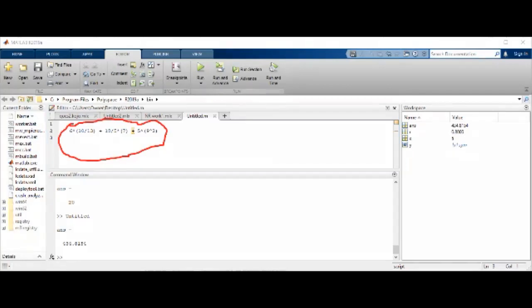Is there anything that we need to tell MATLAB is a symbol? There is 6, there is 10, there is 13. There is nothing there that we need to tell MATLAB is a symbol, right? Good. So there's no need to tell MATLAB we have symbols.